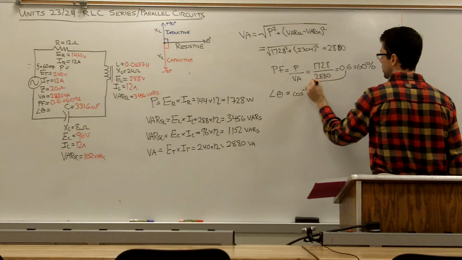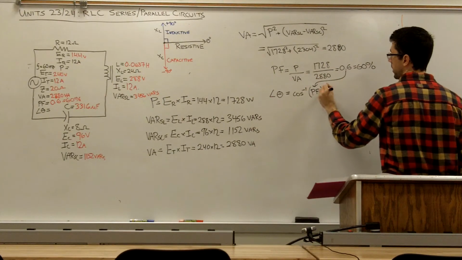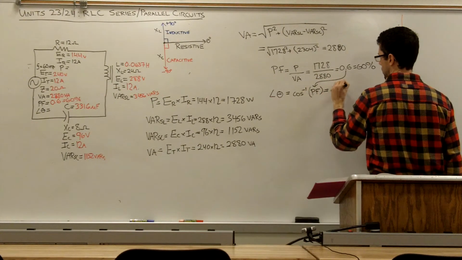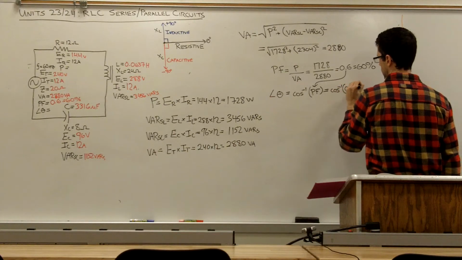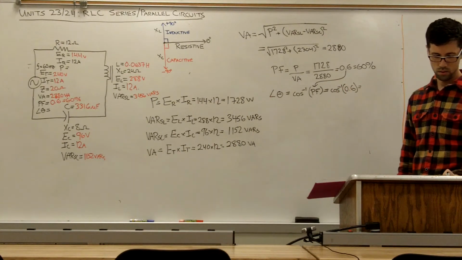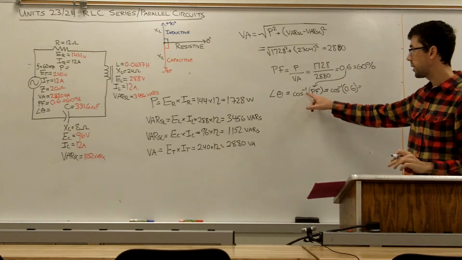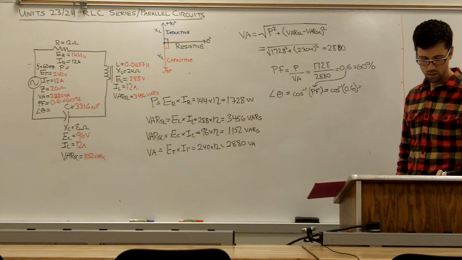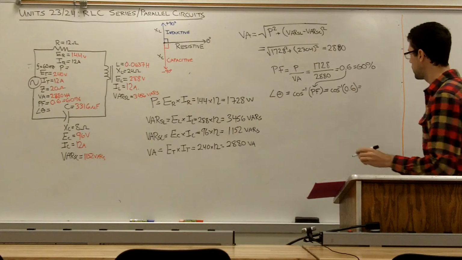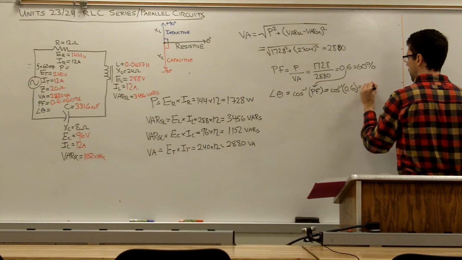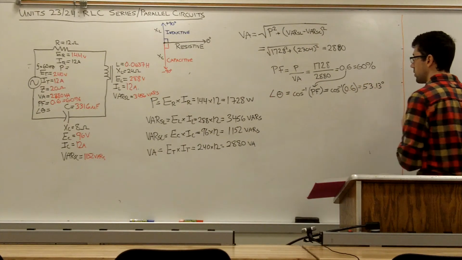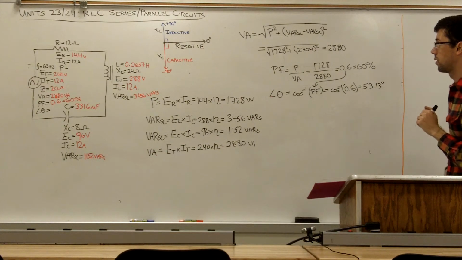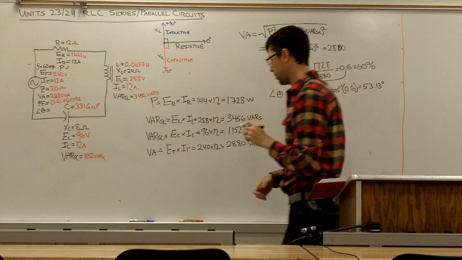So you take your power factor, the decimal value, and plug it in right here. Make sure you're using cosine to the power negative 1 and not just cosine on your calculator. And that gives me 53.13 degrees between the voltage and the current.